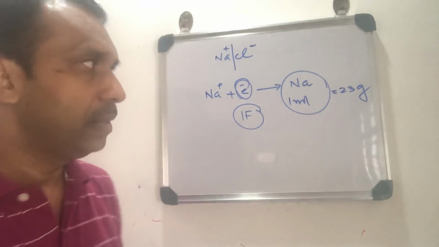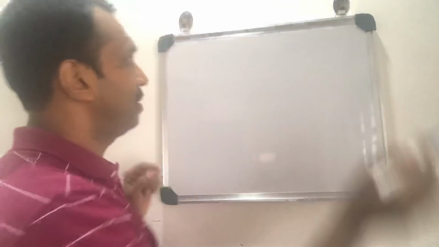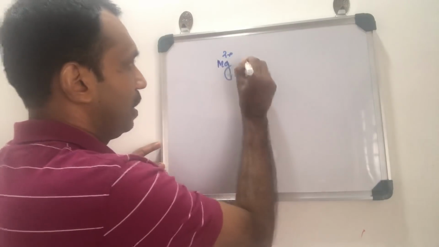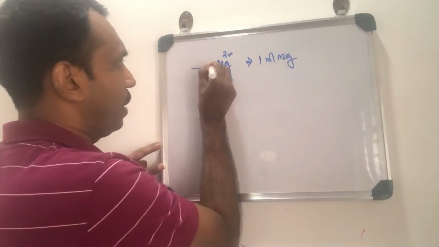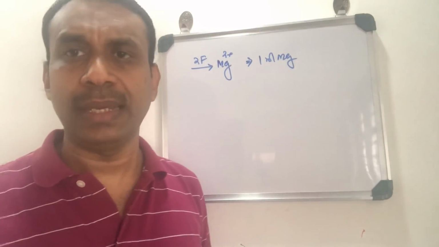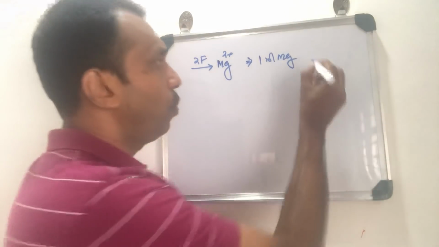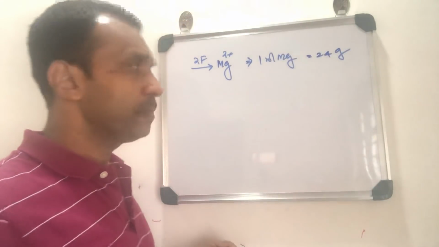In the same way, very simple, I think you are able to answer the question. Mg2+ converted into 1 mole Mg requires how many Faraday of electricity? 2 Faraday, because the charge of Mg is plus 2. 1 mole magnesium is how many gram? 24 gram.